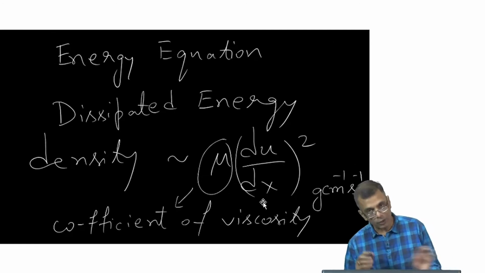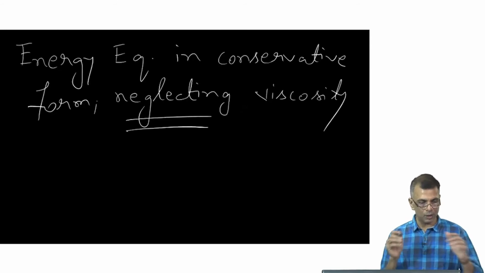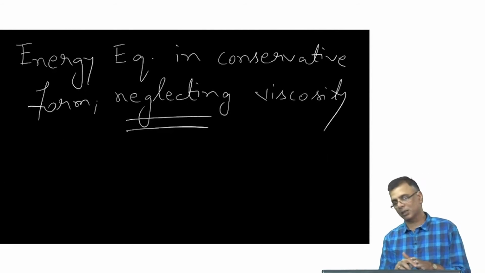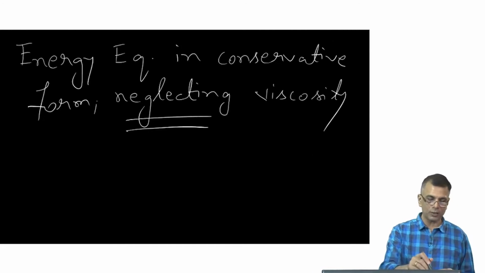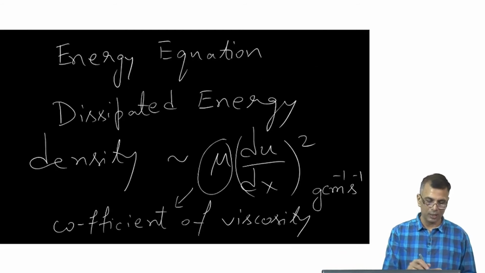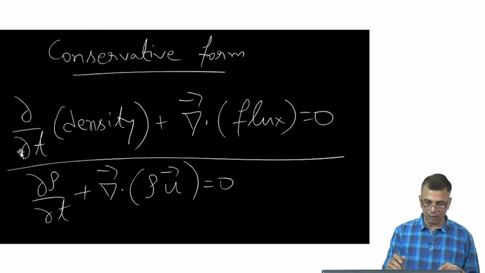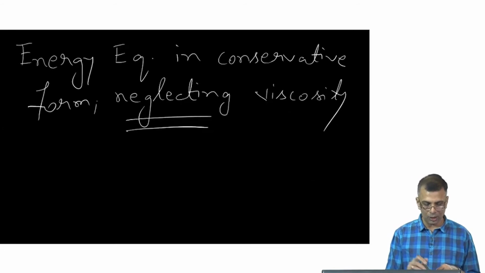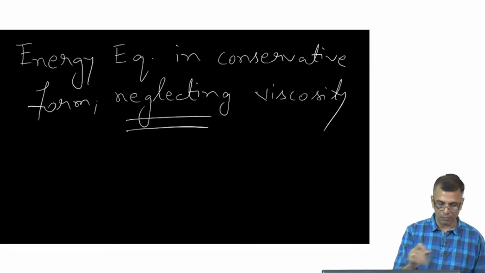This is what we focused on the last time, but for now, in order to write down the energy equation in a neat form, I would much rather neglect viscosity, knowing fully well that if I wanted to add viscosity, I would simply write it down on the right hand side. That is it, really. So, exactly going by this analogy, I can write down the conservative form of the energy equation.